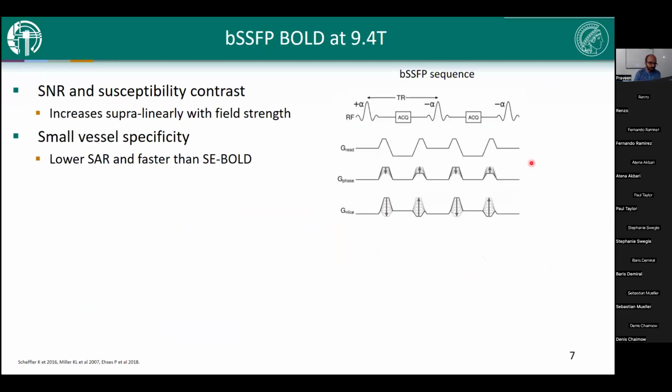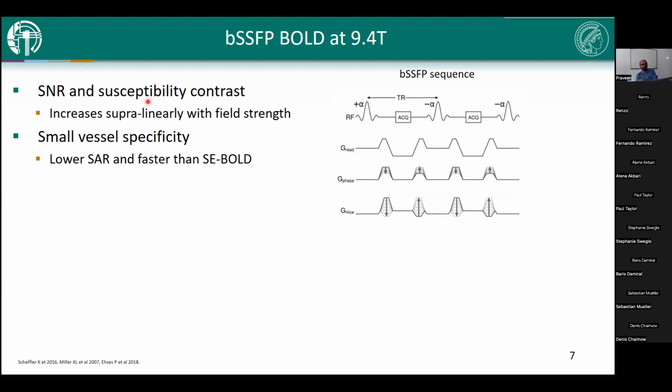We want to do SSFP at 9.4 Tesla, which is particularly hard, mainly because of the inhomogeneous B0. But we also have quite a lot of positive things at 9 Tesla, especially the SNR and susceptibility.